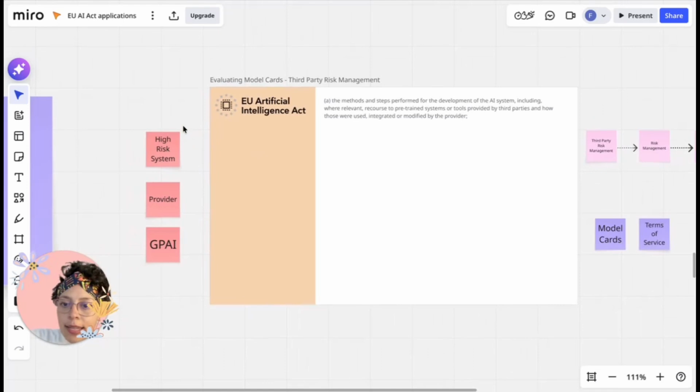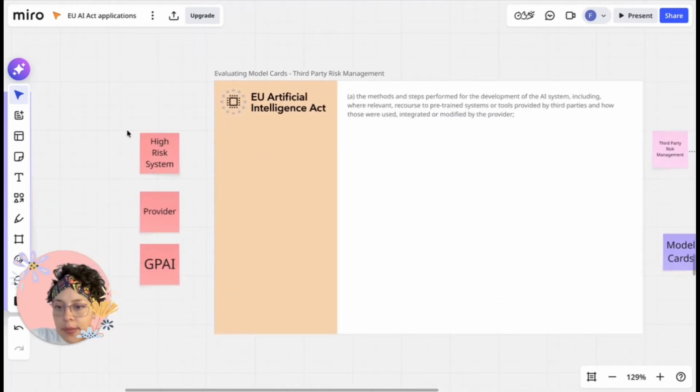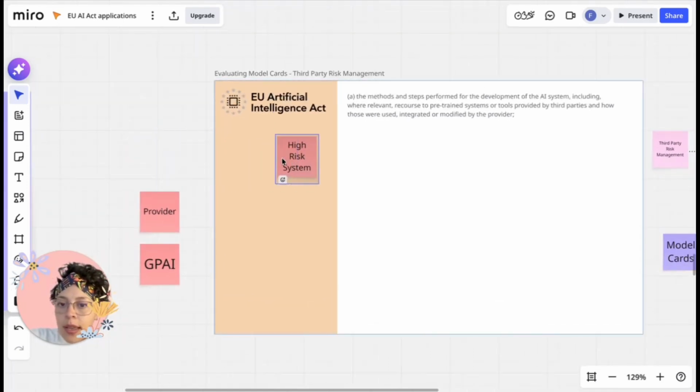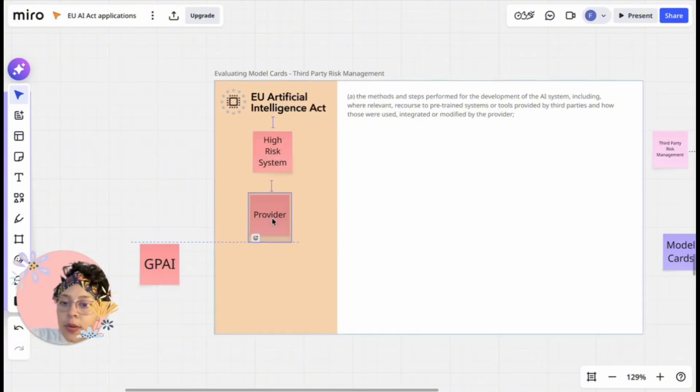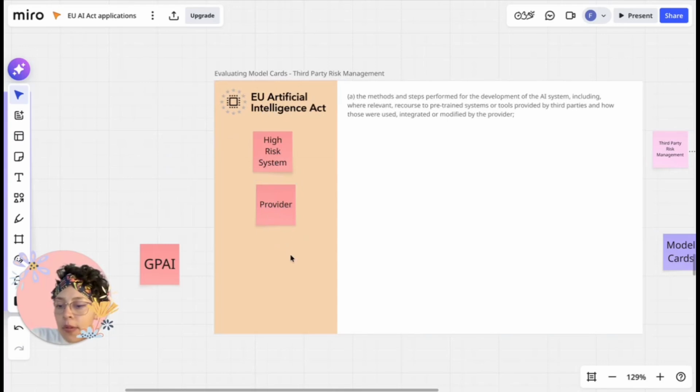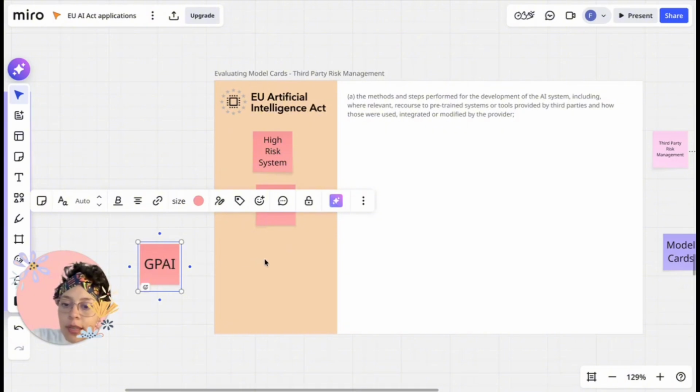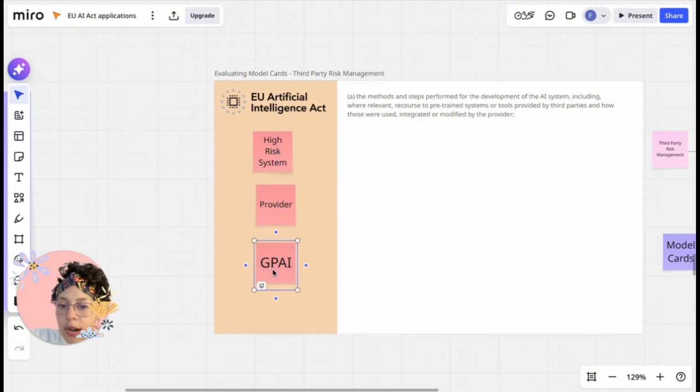So in that sense, let's make the same 2 assumptions: that you are developing a high-risk system and you are also the provider of this high-risk system, both based on the EU AI Act. But now we will include another assumption, that you are using a general purpose AI to develop your AI system.